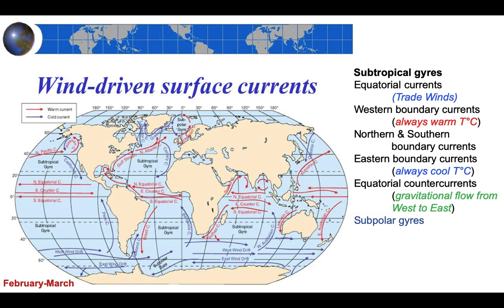We're going to get into this Ekman spiral very shortly. But let's take a look at the wind-driven surface currents a little bit in detail. So we're looking at the global ocean system, the February-March configuration of the ocean current systems globally. And the red arrows indicate warm currents, and the blue arrows reflect the cold currents in all these different ocean systems.